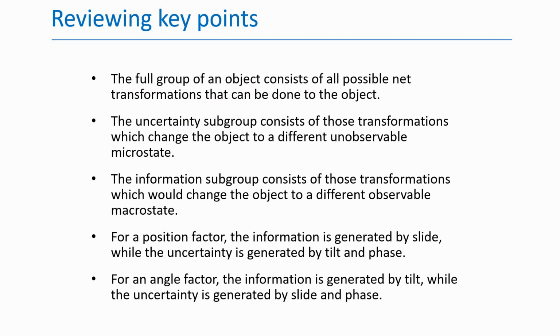The information subgroup consists of those transformations which would change the object to a different observable macrostate. For a position factor, the information is generated by slide, while the uncertainty is generated by tilt and phase. For an angle factor, the information is generated by tilt, while the uncertainty is generated by slide and phase.